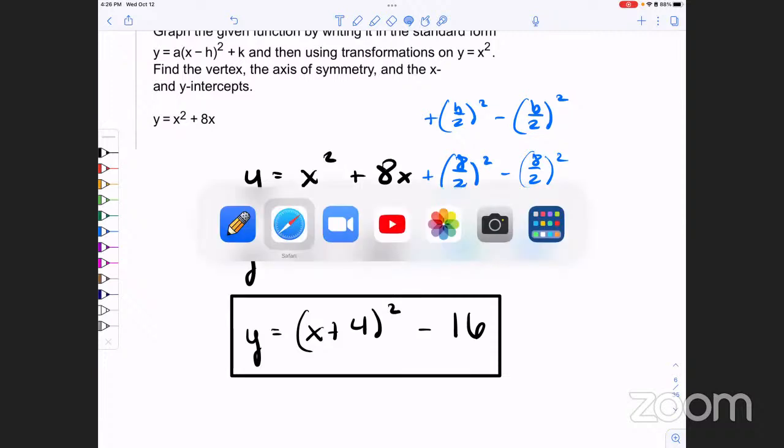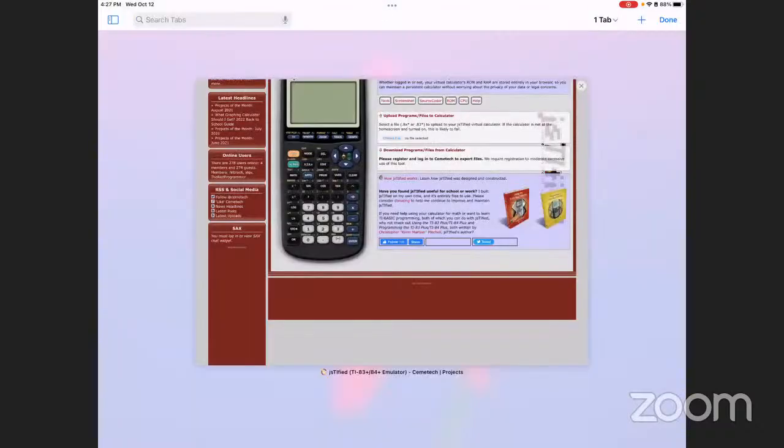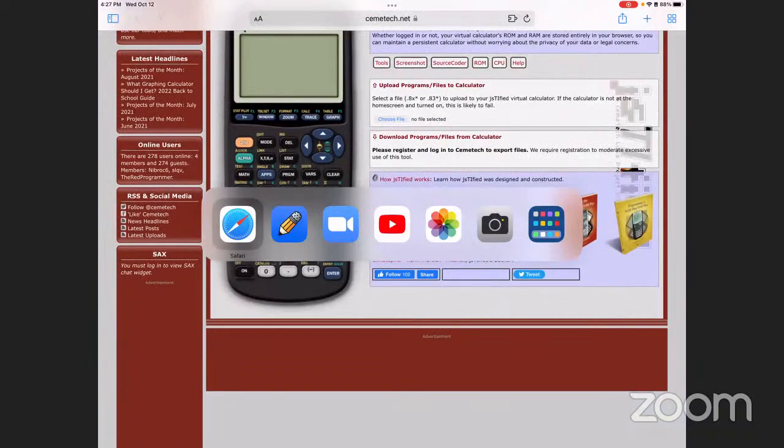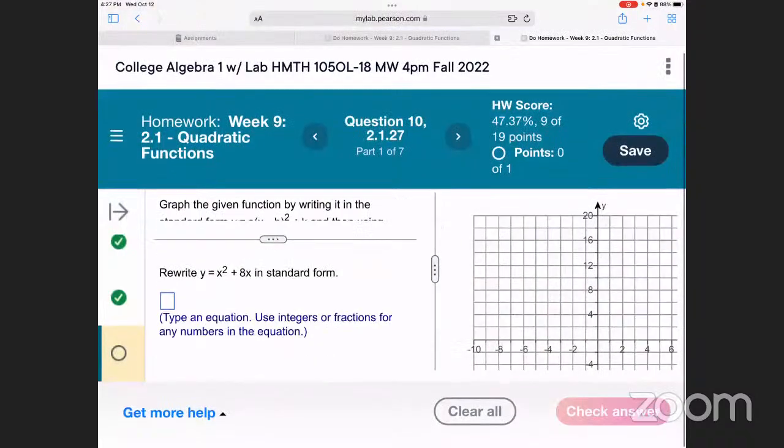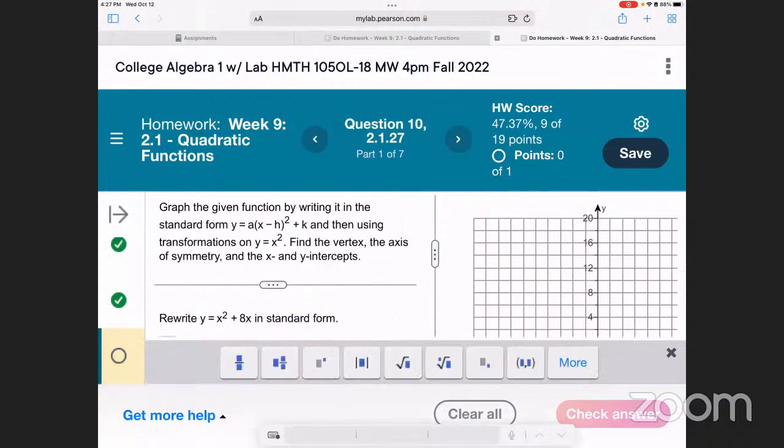Plus 4 and negative 16. Now we have to try to get back. It's a different one. This one. Okay, we got plus 4. Let me zoom out some.